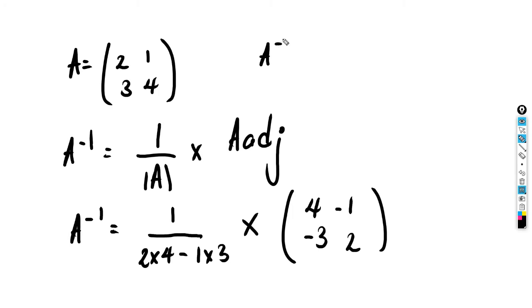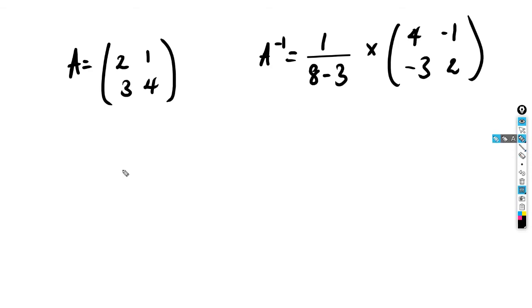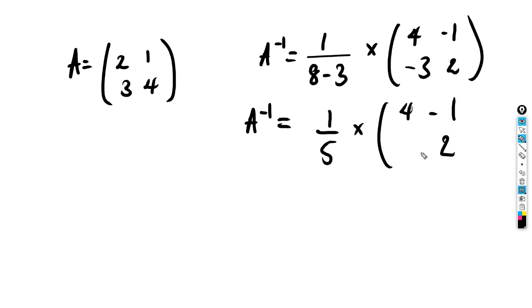So let's continue up here. A to the negative 1 is equal to 1 over 8 minus 3, multiplied by 4, 2, negative 1, negative 3. All right, so let's just clear the left side here. So we're going to get A to the negative 1 is equal to 1 over 5 multiplied by the adjoint matrix, 4, 2, negative 1, negative 3.